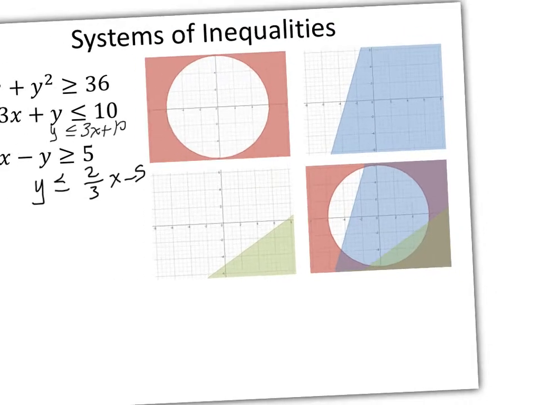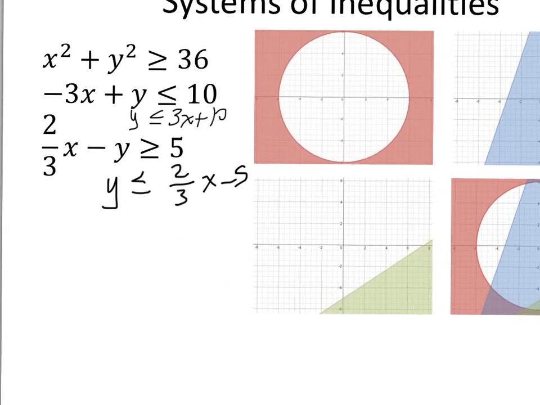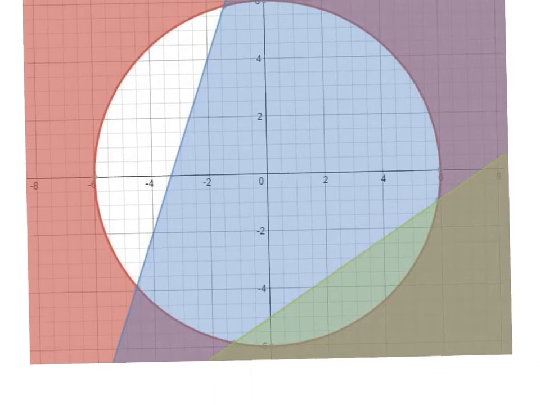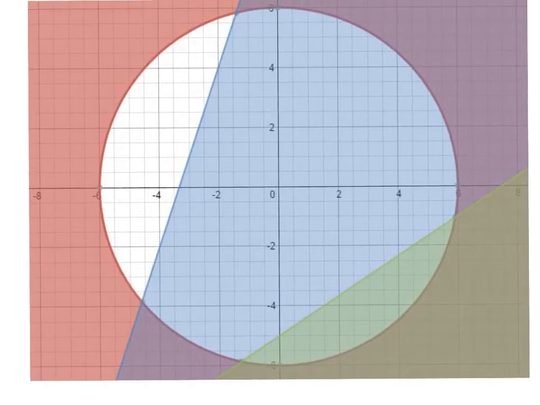Now, if we want our system, our true statement, to be in all three of these regions, and we graph them all three, we can see where the regions are that they all three intersect. In this area, there are no solutions. In this area, there's solutions for the circle.